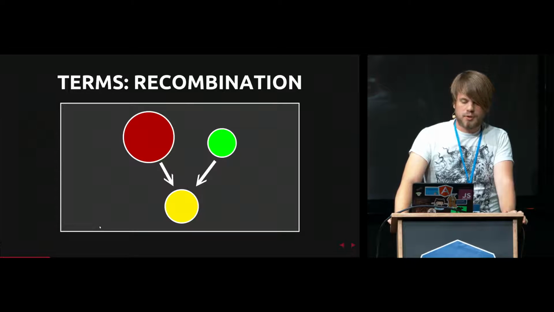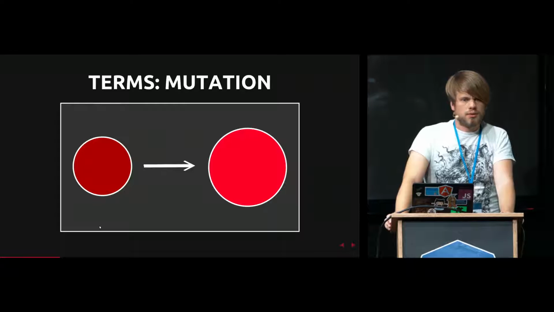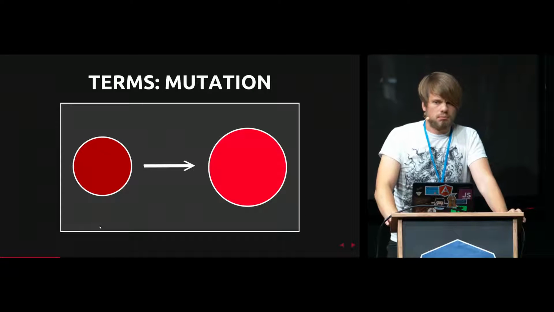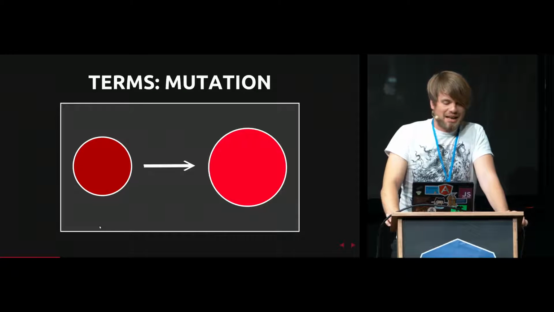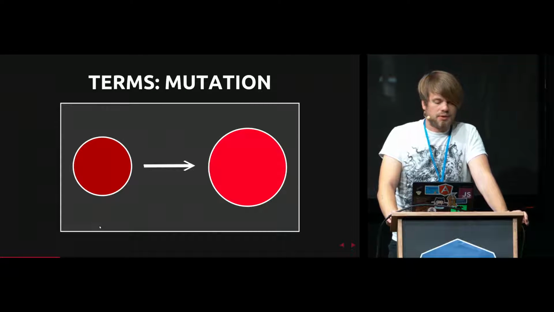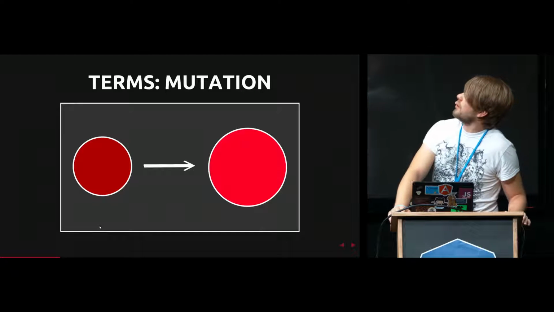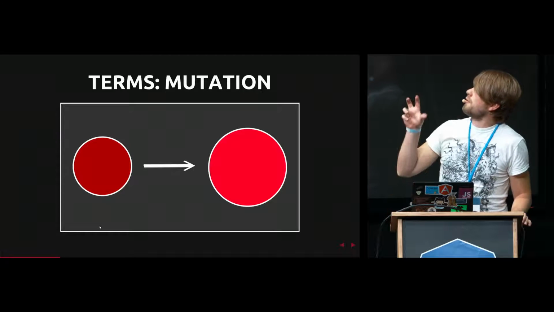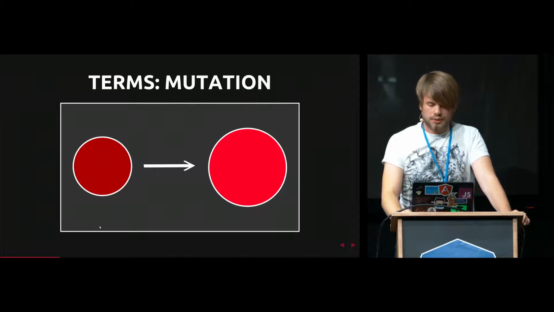Then we have the term mutation. That's a new thing. And mutation is caused, for example, by nuclear radiation, and it causes some of the genes to slightly differ. So that red circle is morphed into a lighter red and into a little bigger radius.